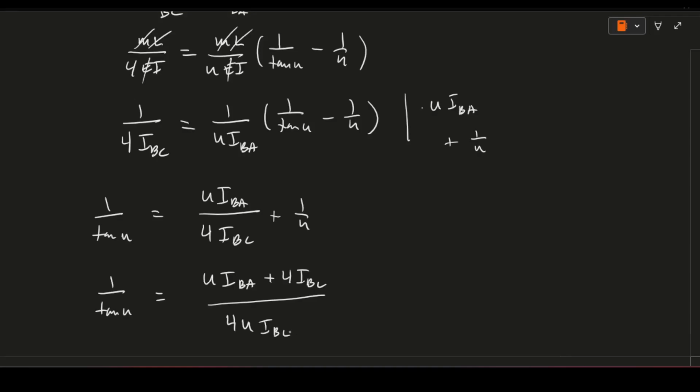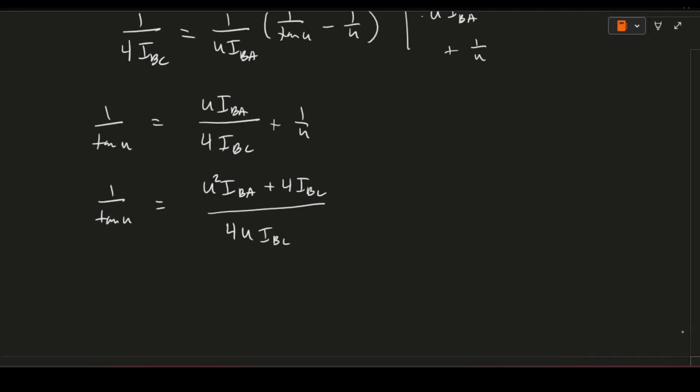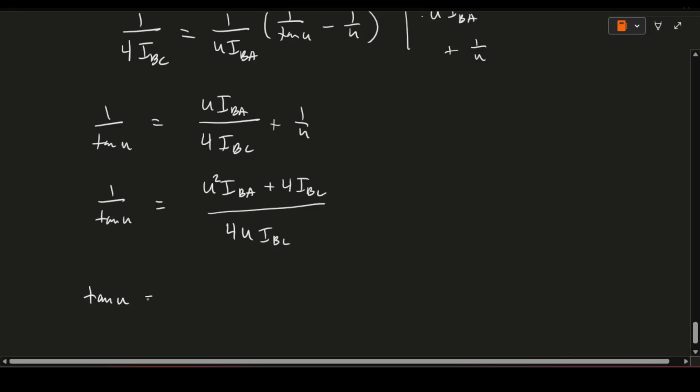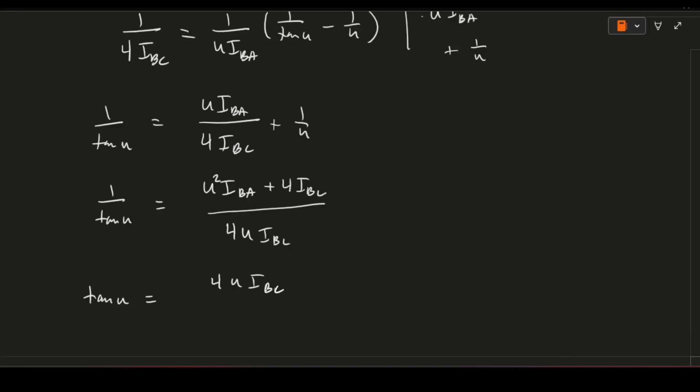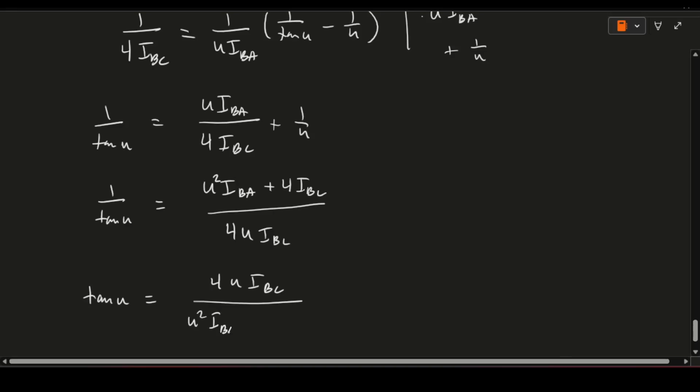Okay. This should be a square, I think. Yeah, u squared, like this. And I can just take the inverse. So tangent u becomes 4u I_BC over u squared I_BA plus 4 I_BC.